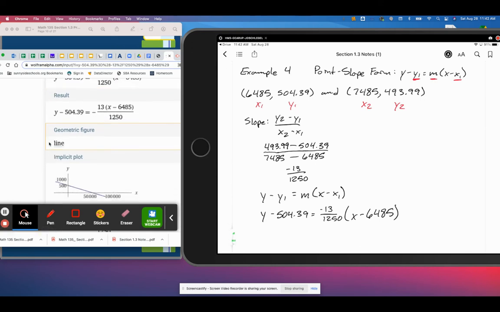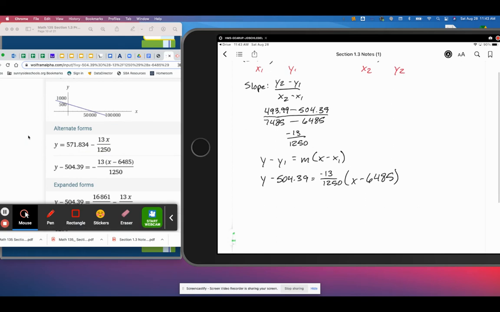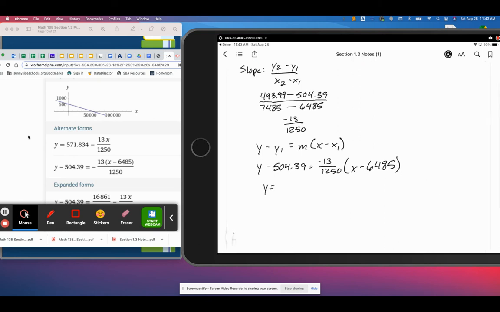So we're going to be looking for a thing called alternate forms. And so this is the alternate form right here. So here's our y equals mx plus b. They did put the b before the mx, which is kind of odd. So I'm going to copy that straight out of Wolfram, everyone. These two equations are going to be equivalent. They will have the exact same meaning. So we are going to have y equals negative 13 over 1250 x plus 571.834.